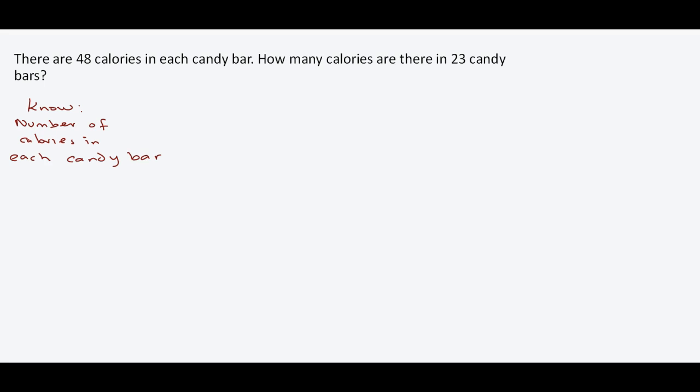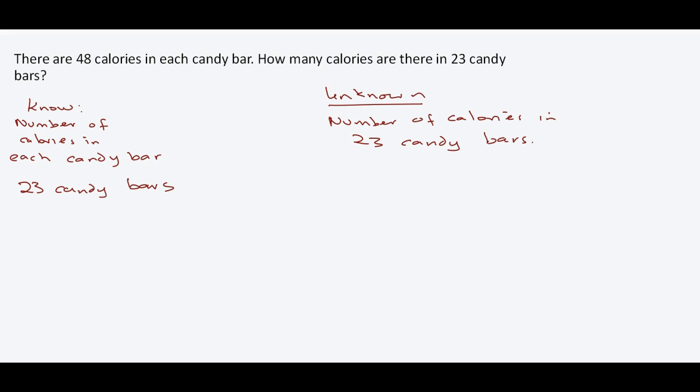Also, we know that there are 23 candy bars. What don't we know? What we don't know is the number of calories in 23 candy bars.